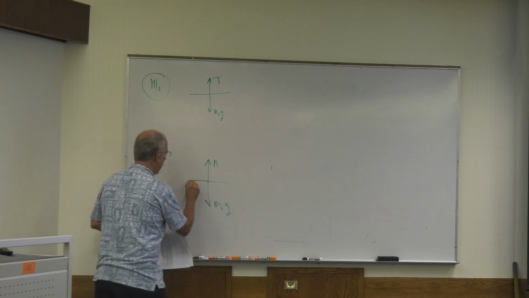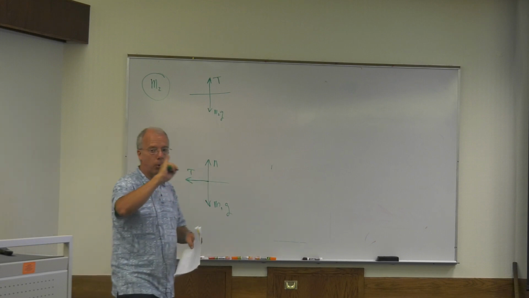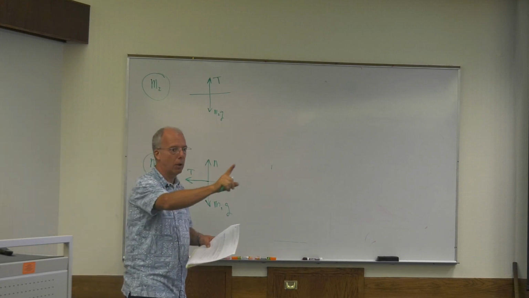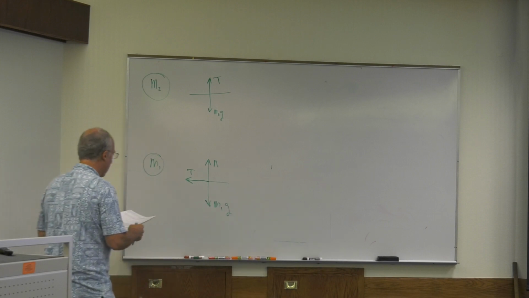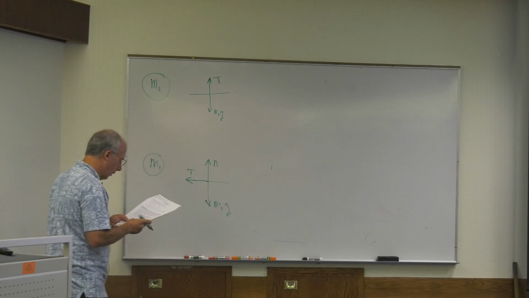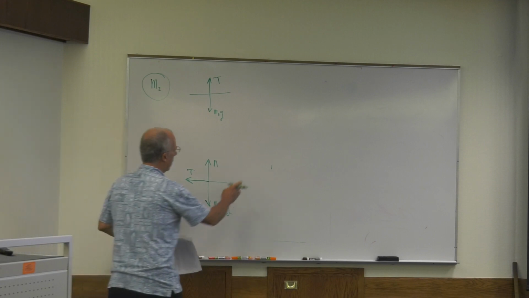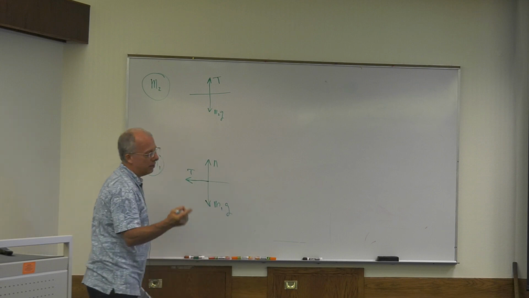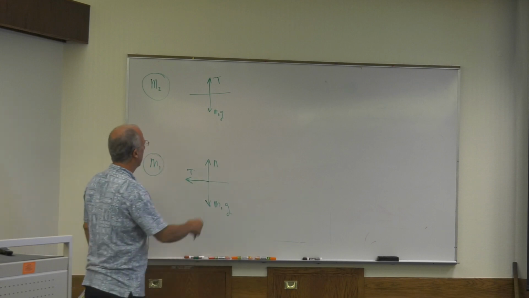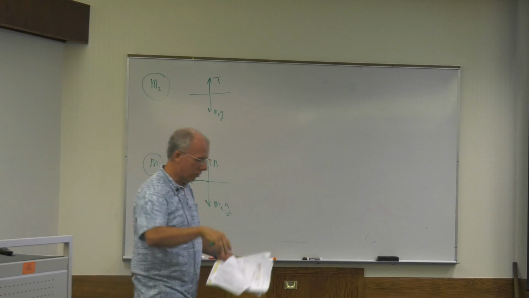So wouldn't you agree that this is the tension? It's the tension that points towards the center of the circle that makes it go in a circle. Now, because of Newton's third law, and because we have massless and frictionless pulleys and strings and all that, we know that these tensions are the same. If we didn't have that, we couldn't solve the problem.